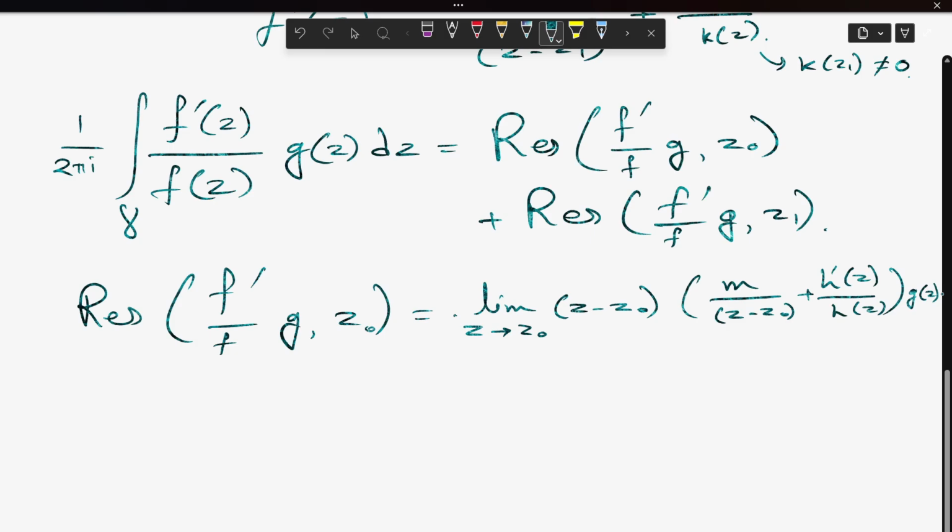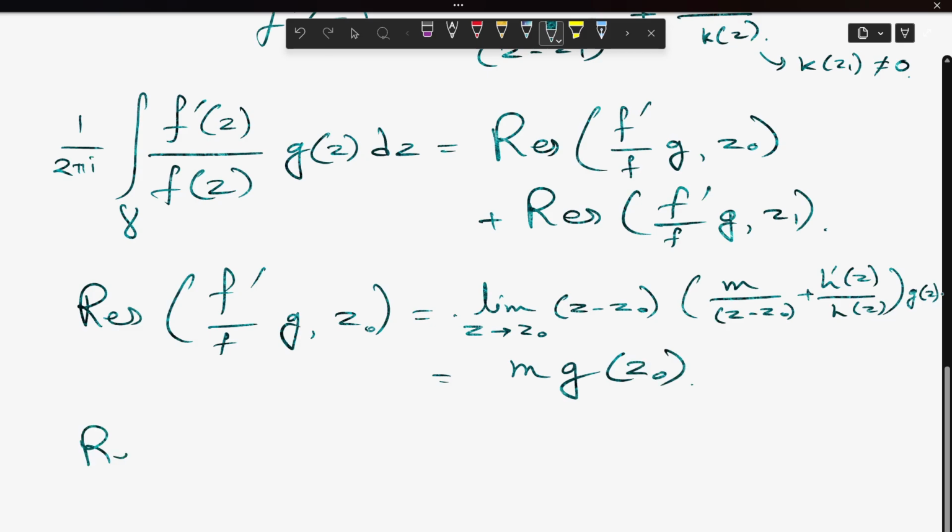We can easily see that z minus z0 cancels out from numerator and denominator in the first part, and the h dash z by h z part vanishes. So we have only m into g of z0.